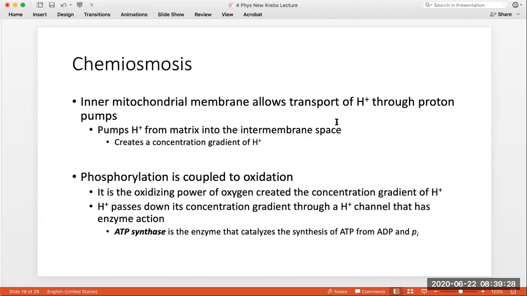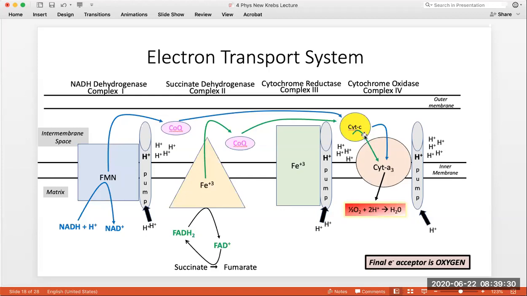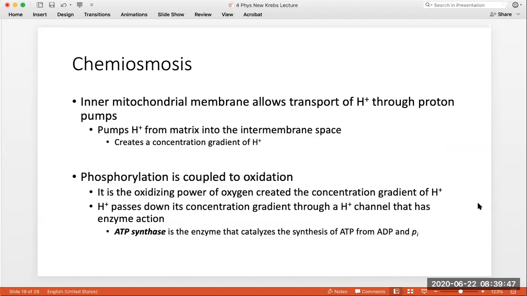So the hydrogen ions that were pumped across the membrane to create this high concentration of hydrogen ions can move through that hydrogen ion channel from this intermembrane space back down into the matrix, because it's going from an area of high concentration to an area of low concentration. As those hydrogen ions pass down their concentration gradient, there's a little bit of energy that's released.